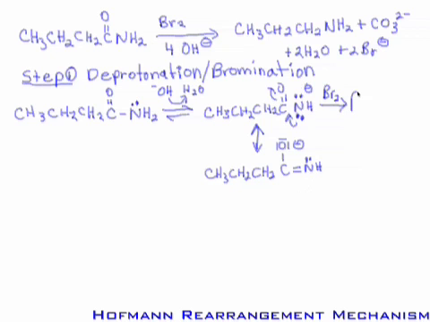The result, of course, I'll let R be my propyl group, is C double bond O, N, H, lone pair, and you have a bromine now attached to this. You also get off Br minus. Okay.